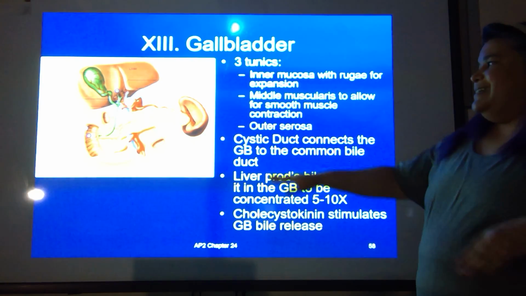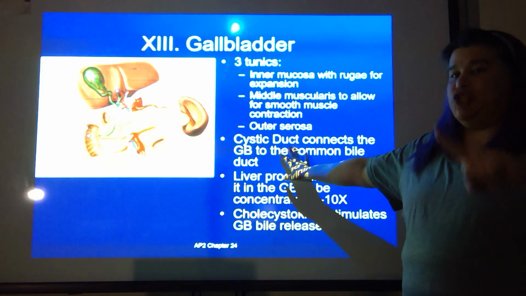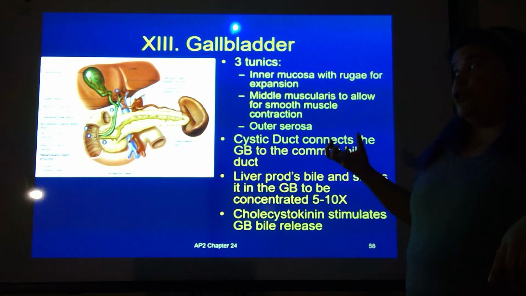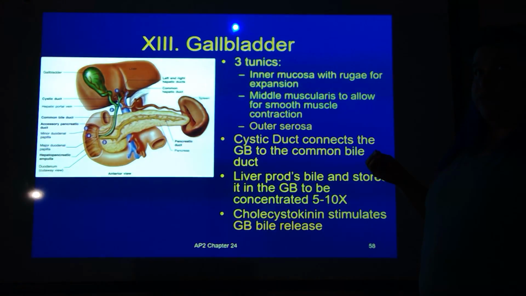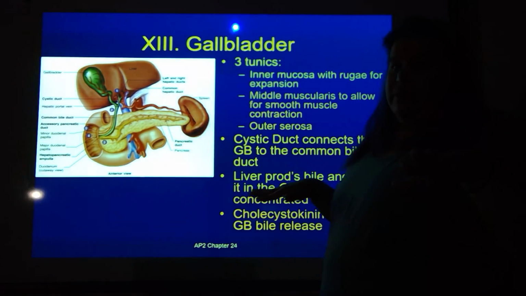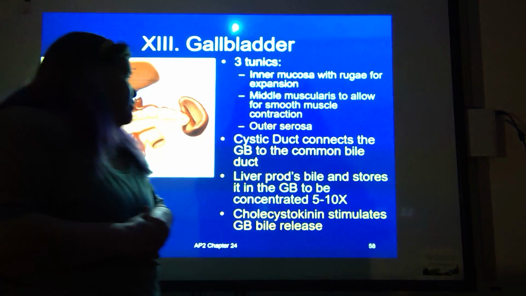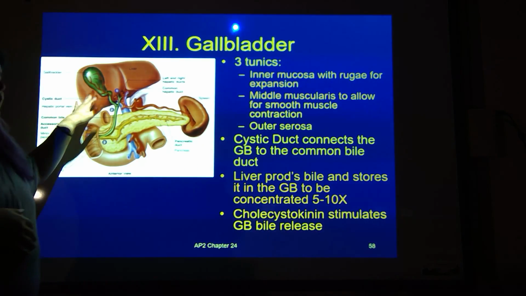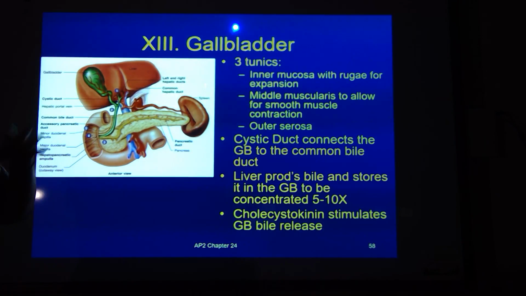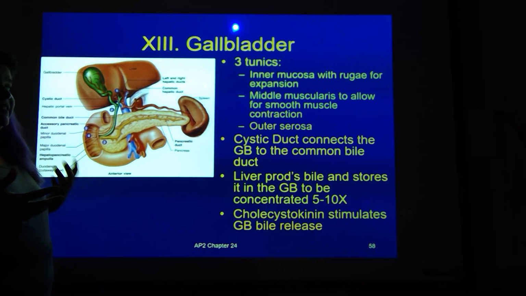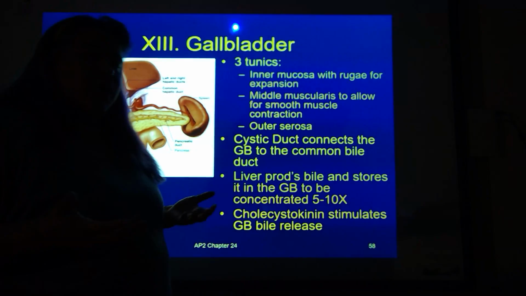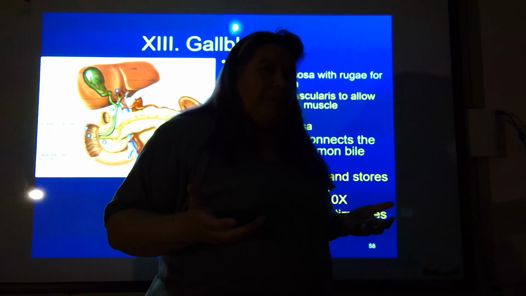So the cystic duct, remember duct is just tube. This is the tube that carries the bile from the gallbladder to the common bile duct. The liver is responsible for producing the bile. Hands down, that's a job for the liver. But my gallbladder actually stores bile and concentrates it 5 to 10 times more than what you originally get from the liver.